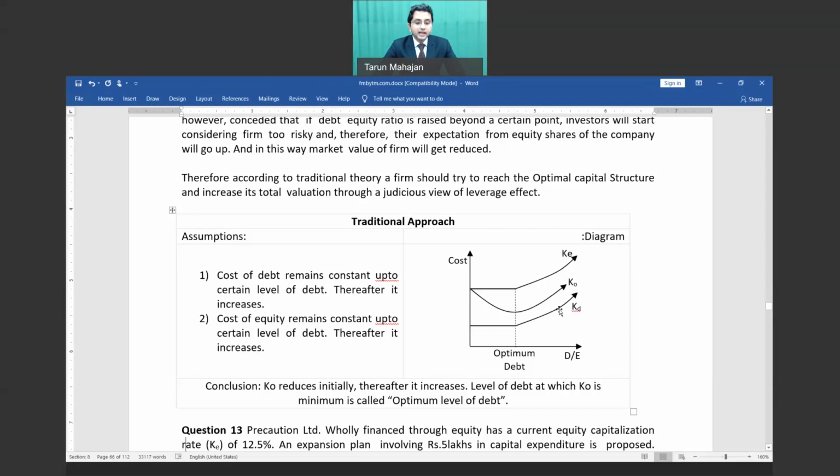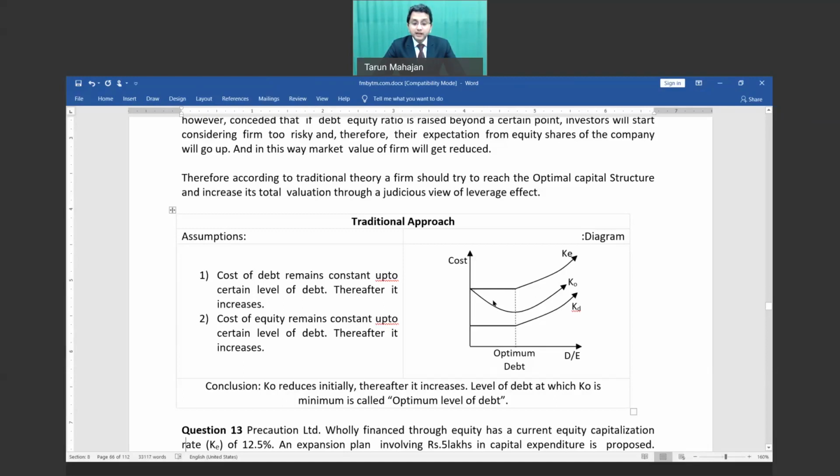Look at this, the KD line from here to here. It says that with increase in debt, KD remains constant up to certain level. Thereafter, people see your company to be very risky and cost of debt increases. Same thing happens with KE also. Up to certain level of debt, KE remains constant, then it increases rapidly.